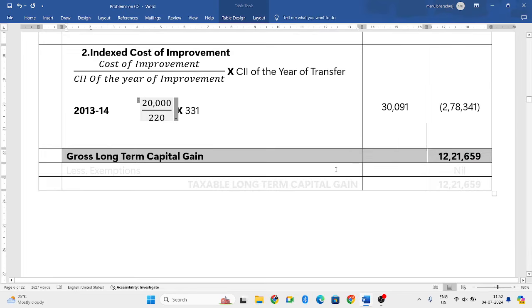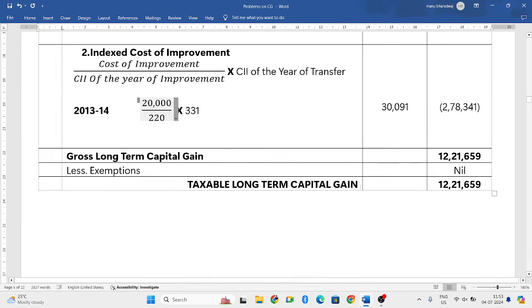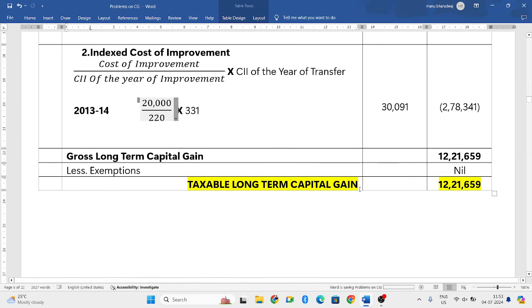You get the gross LTCG, that is 12,21,659. Since there are no exemptions in the problem, your taxable LTCG will also be the same, that is 12,21,659. This is how you need to solve the problem.